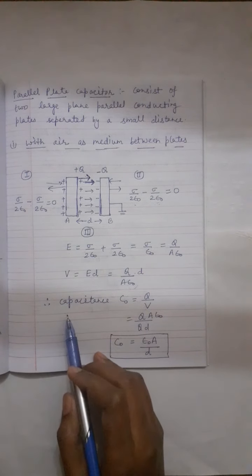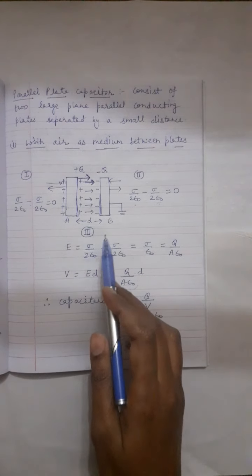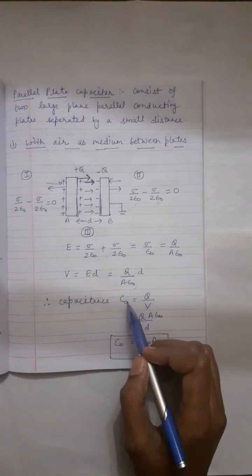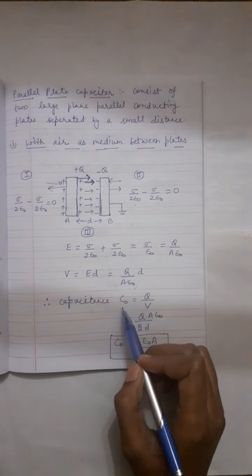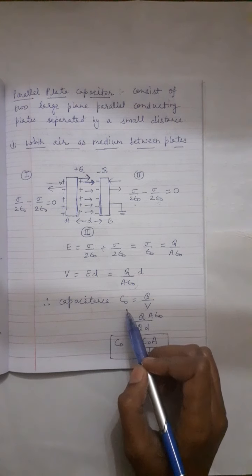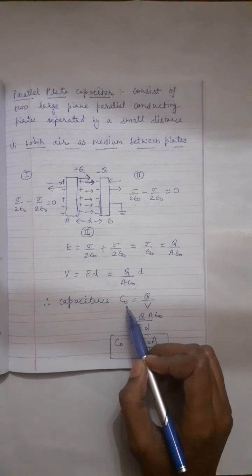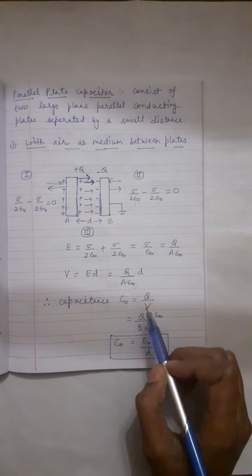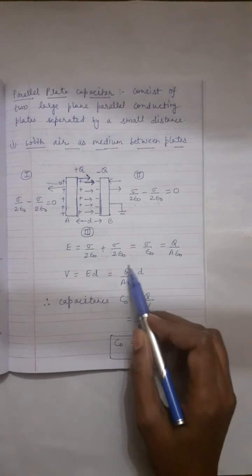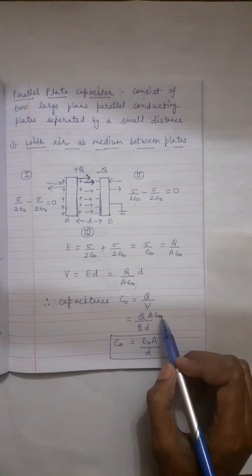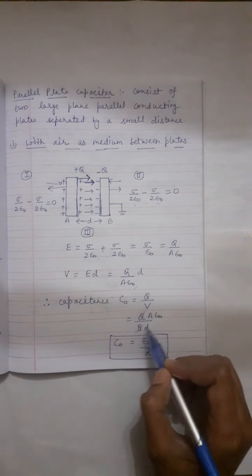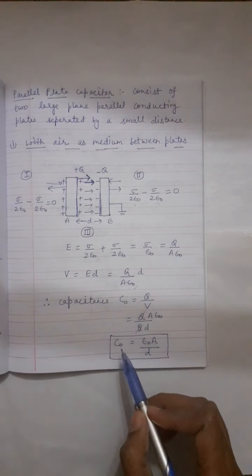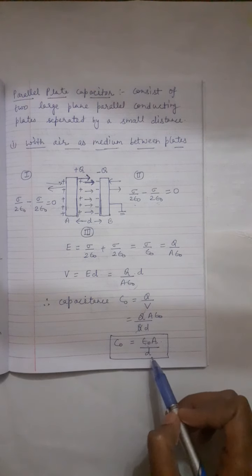Now we will calculate the capacitance of this air capacitor by this formula C naught. This 0 represents that we are calculating this capacitance for air as a medium. So capacitance for air capacitor is equal to Q upon V. So Q upon the value of V we will put from here, Qd upon A epsilon naught. Q will cancel out and we will get epsilon naught A upon d. So C naught is equal to epsilon naught A upon d.